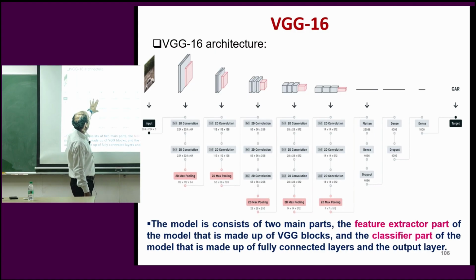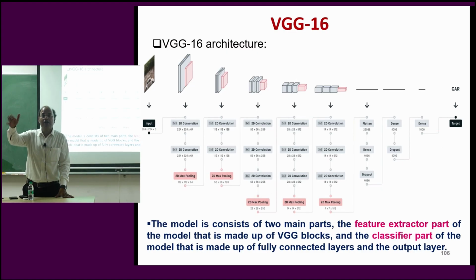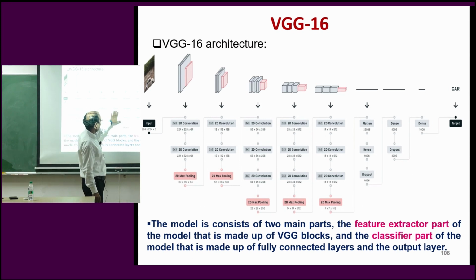Then here 3 consecutive convolution layers. Here each convolution layer uses 256 filters, which means each layer extracts 256 different feature values. Then this continues in the same pattern.